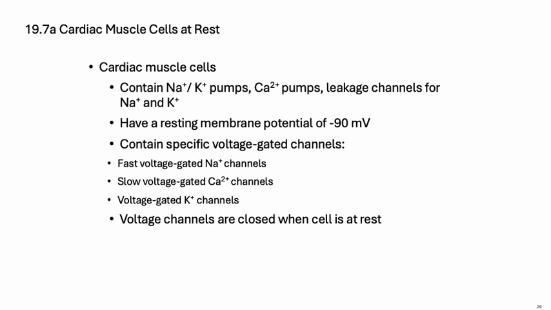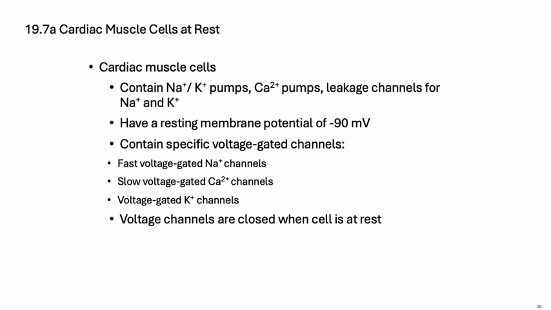When talking about cardiac muscle cells, they have features very similar to those we see in other cells, other types of muscle cells, and neurons. There are different types of channels, involving sodium, calcium, and potassium, and these have a resting membrane potential, just like all of our other cells.